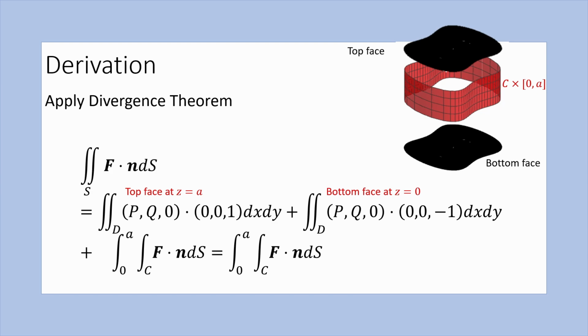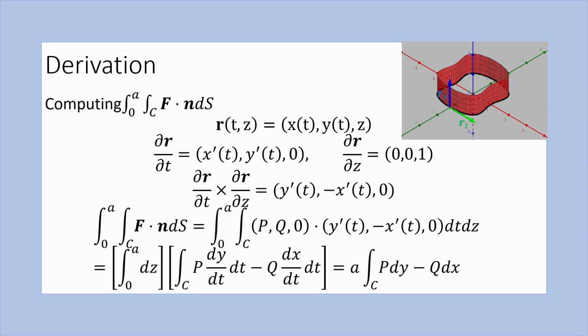Next, we will compute the integral over the side surface of the cylinder. We parameterize the side surface using r of t and z equals x of t, y of t, z, where t traces the boundary curve C, like the figure. Then the surface normal vector equals y prime of t, minus x prime of t, 0.